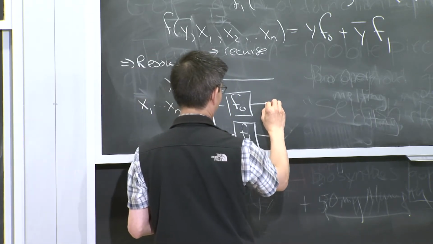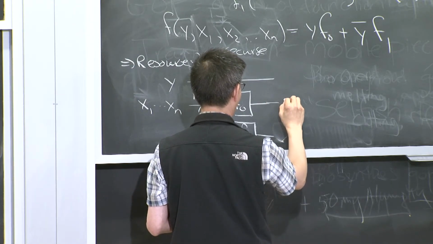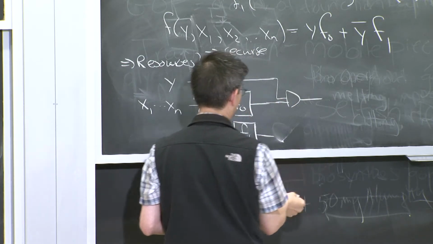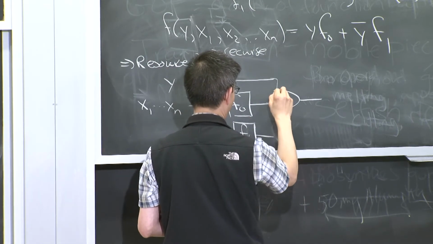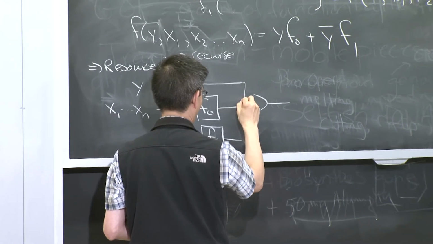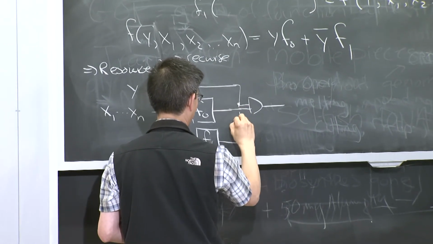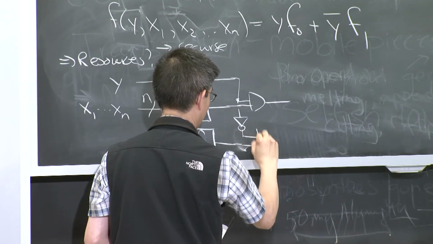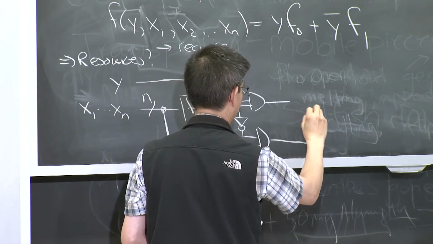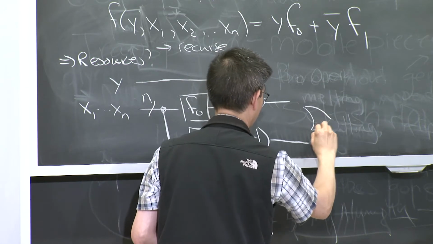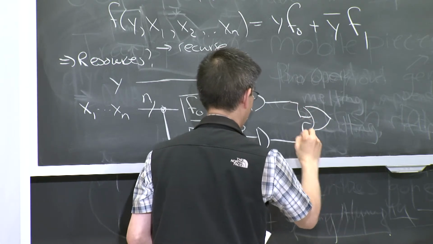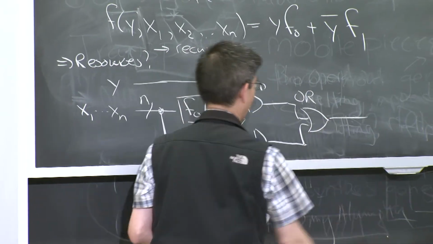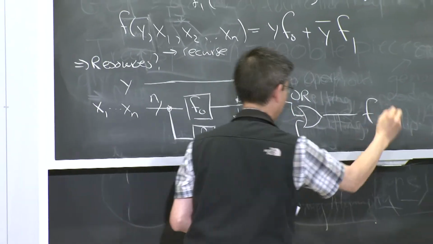And we do that by using an AND gate, for example, and then ORing the two results together, where I connect with a NOT gate here. This is an AND. This is an OR. And then this output is f.